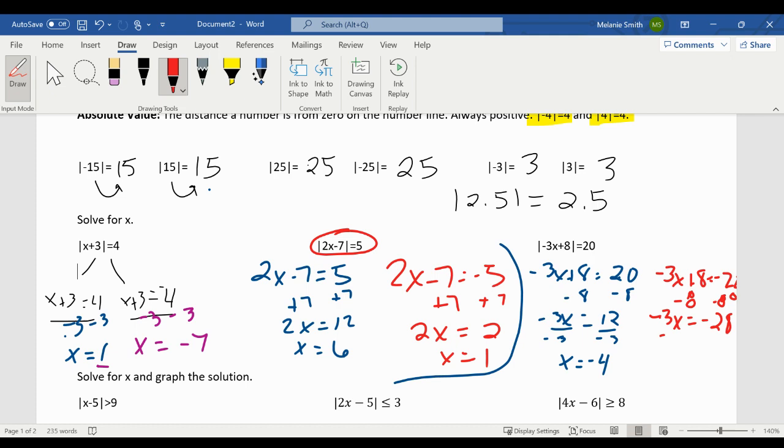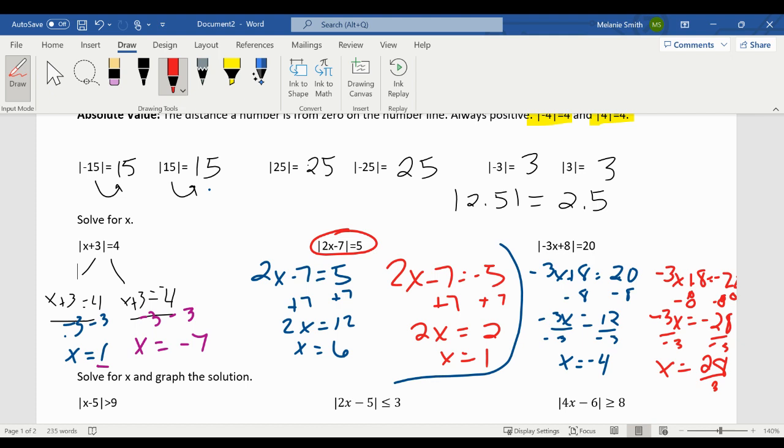So now when I divide by negative 3, I get x over here, but when I'm dividing two negatives, it's positive. So those negatives are going to go away. But 28 can't be divided by 3, so my answer is just 28/3. And that's the answer to that one.